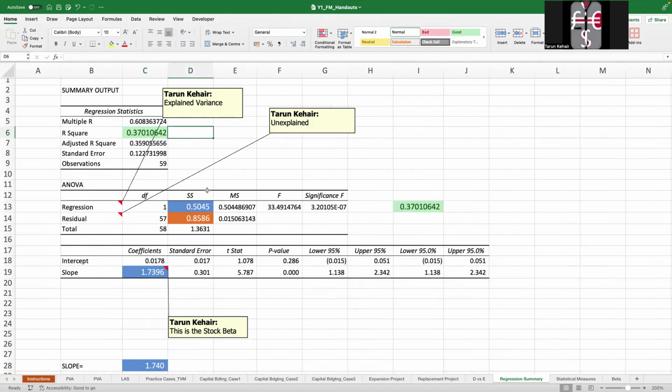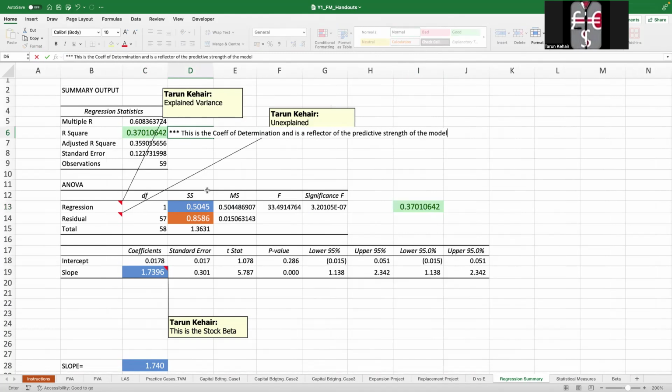This is also called the coefficient of determination and is a reflector of the predictive strength of the model.